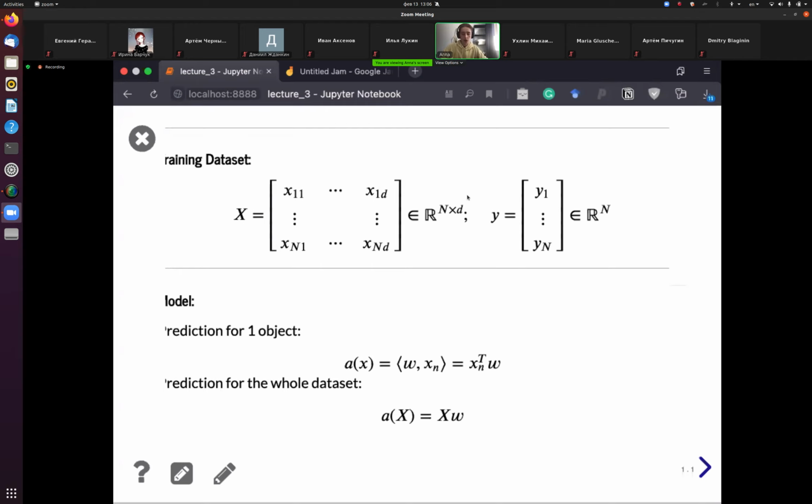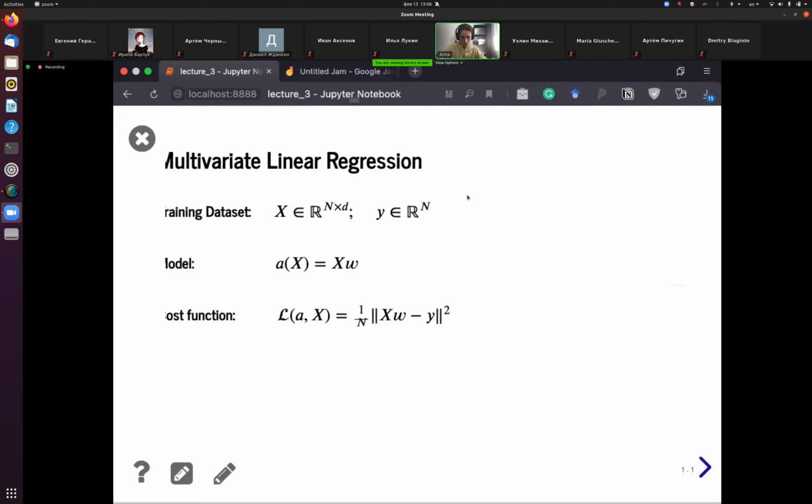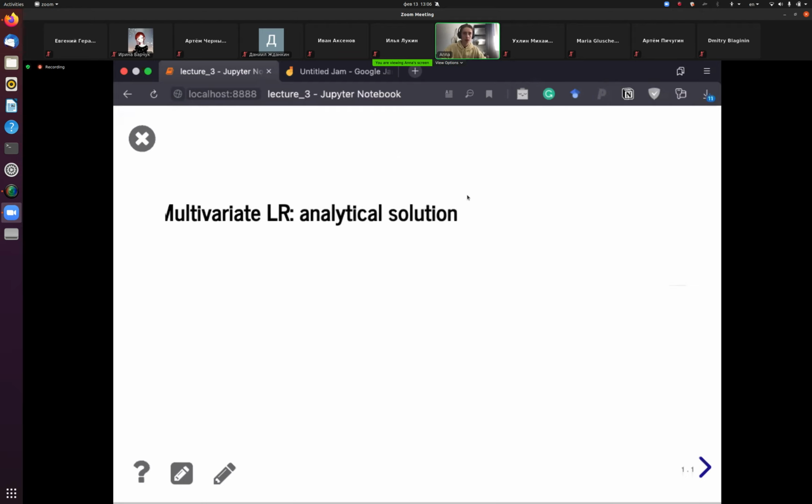And when we are training the model, we are minimizing the mean squared error loss with respect to the parameters of the model. We can, of course, analytically solve this optimization problem.